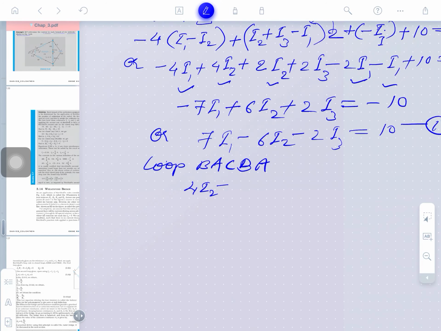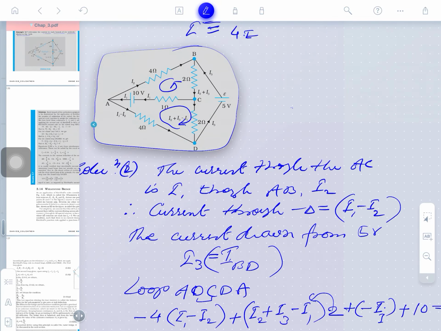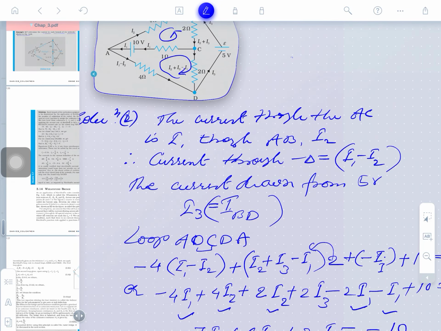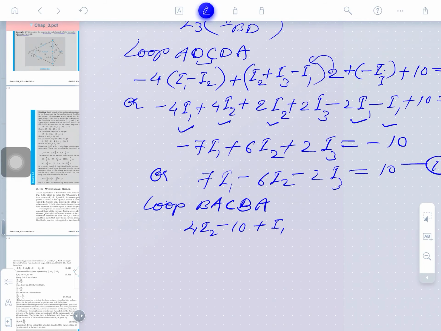Minus 10 and plus I1 current is there. And C to B you have to travel, current is coming before you, so plus 2 times I2 plus I3 is equal to 0.